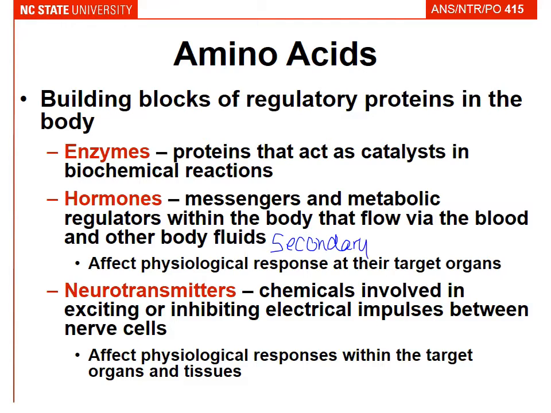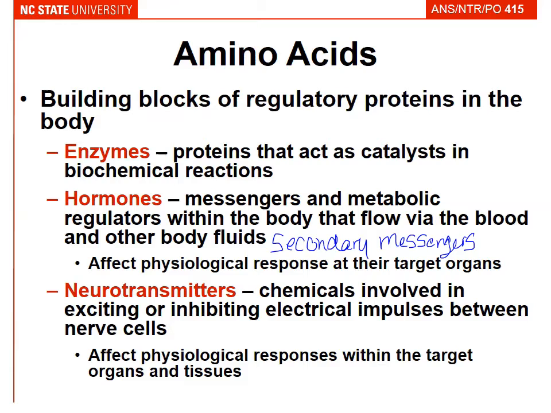So for instance, insulin is going to bind the insulin receptor, and that's going to send a signal. So insulin is not directly affecting the upregulation of genes or protein expression. These hormones are working through second messengers.